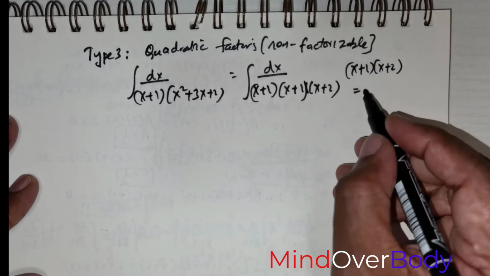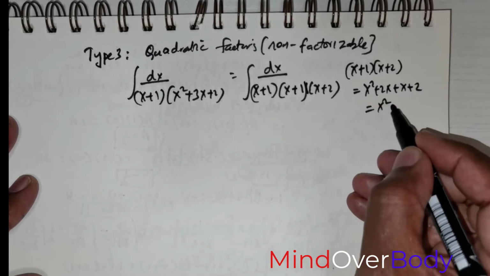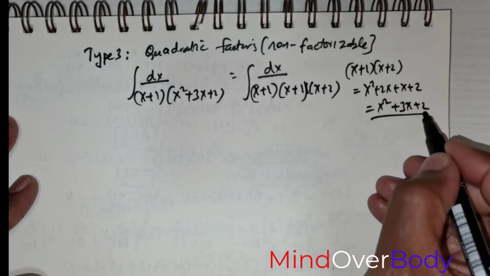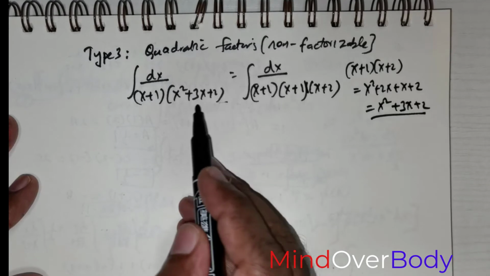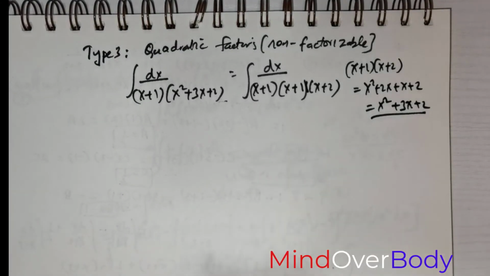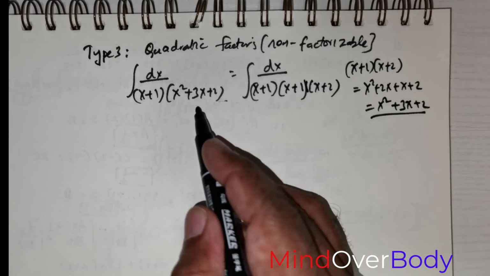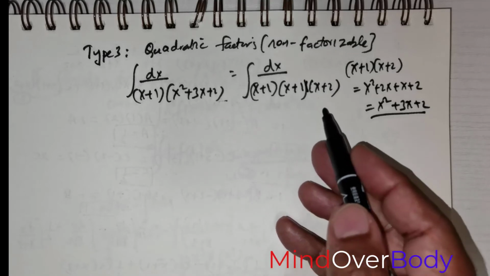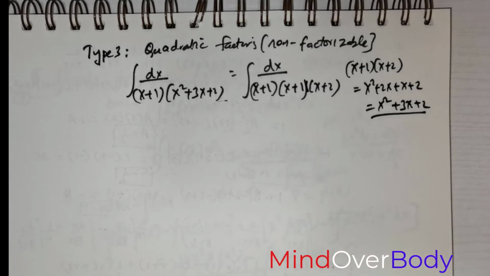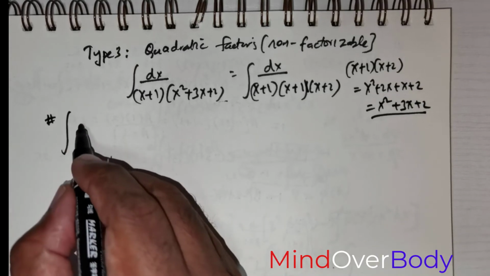What do you get? x into x, x squared, plus 2x, plus x plus 2, which is x squared plus 3x plus 2. This is exactly the expression that we have in the denominator. So what am I trying to show here? If we are given a quadratic that is factorizable, then it's well and good. It's simple to solve using partial fractions. But what if it isn't factorizable? That is exactly what we are going to look into in this particular question.